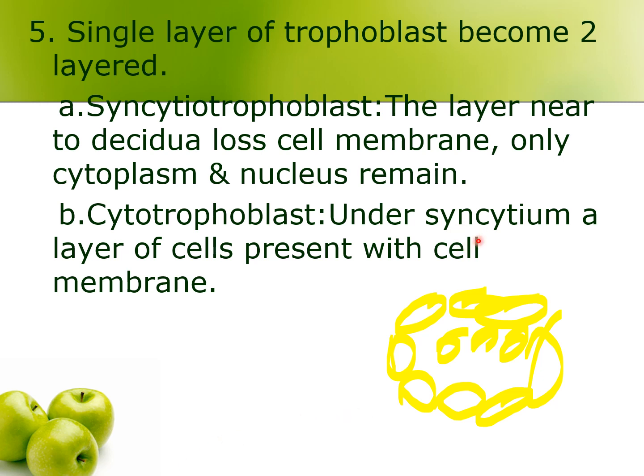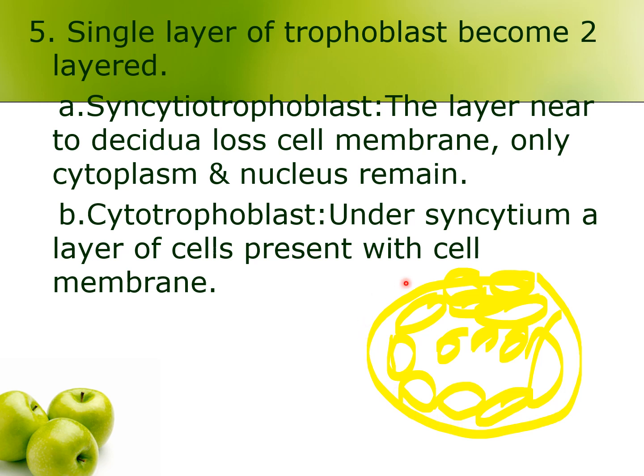This will become a double layer. Two layers will form. One more layer. This is one layer, and this is another layer. The cells which are towards the baby, those cells will have the cell membrane, and that is known as the cytotrophoblast. These outer cells are known as the syncytial trophoblast.